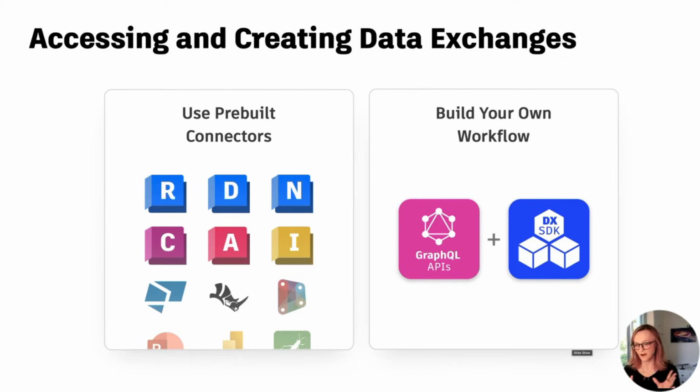If you would like a specific software vendor to have a data exchange connector, and that connector is not listed on our roadmap, then you could also reach out to them and ask if they would be interested in developing a data exchange connector.